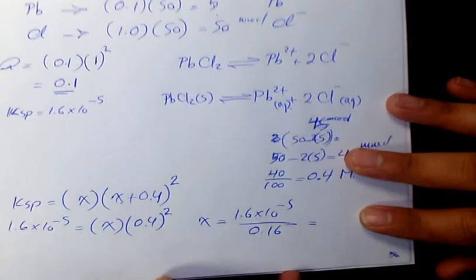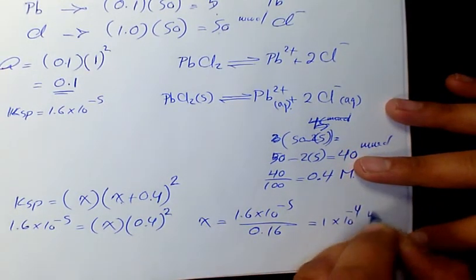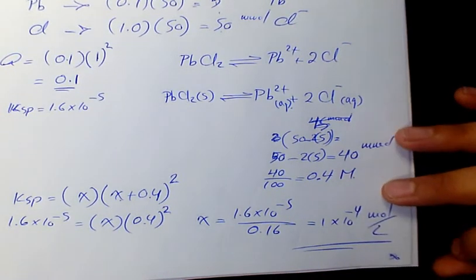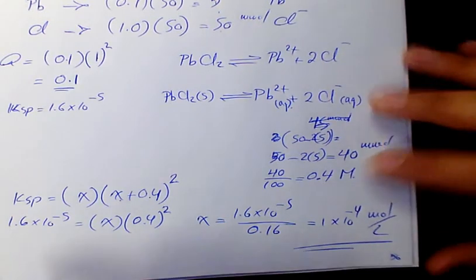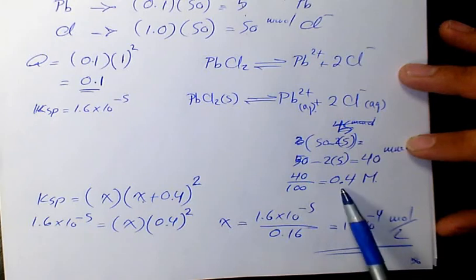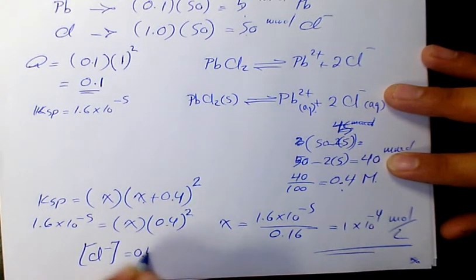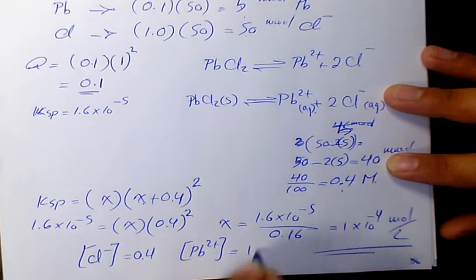When you solve it, that's going to give me 1 times 10 to the power of negative 4 mole per liter. That's going to be the concentration of lead in the solution. Concentration of chloride, we already found it. That's going to be 0.4. So the concentration of chloride is 0.4, and the concentration of Pb2+ is 1 times 10 to the power of negative 4 mole per liter.